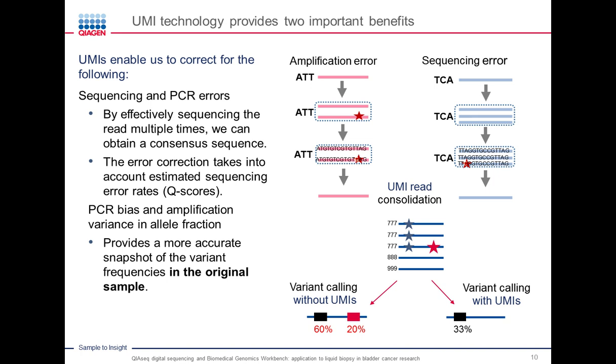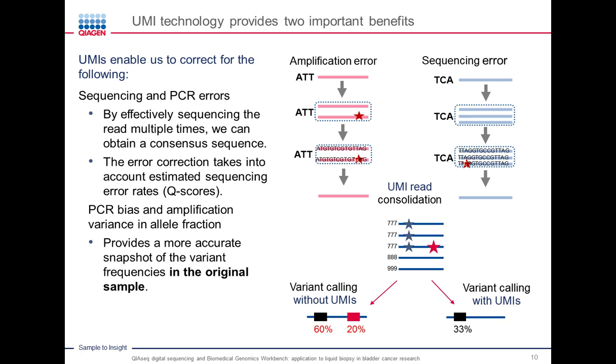So if you consolidate these reads, you will remove the red star, and you will consolidate all the three reads that have the same barcode, in this case 777. You will also be able to estimate the proportion of that variant in the very original molecules that barcode identifies. So in the correct case, using UMIs, you can see that the correct variant has a frequency of 33%, 1 every 3 of the original molecules.